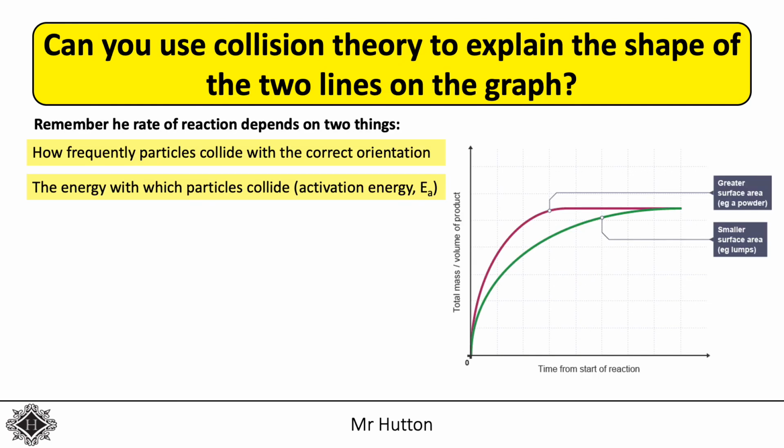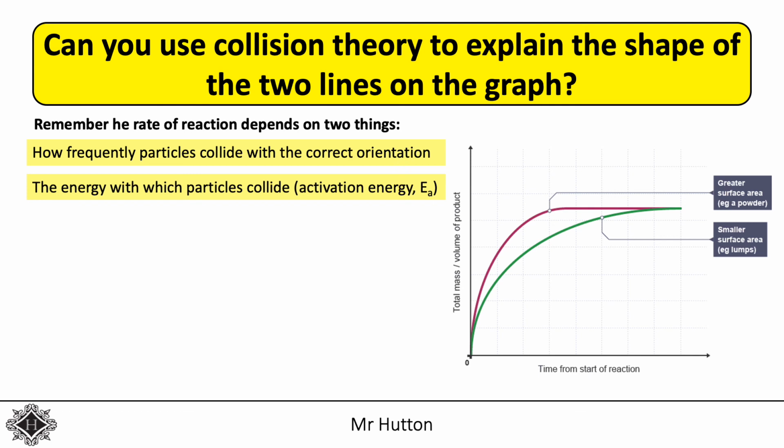Alright, this time we're going to be using our collision theory to explain the shape of the two lines. Whilst we just described what happened, now we need to explain it. We need to give scientific reasons why this has happened. There's a clue here that rate depends on how frequently the particles collide, and the energy with which the particles collide.